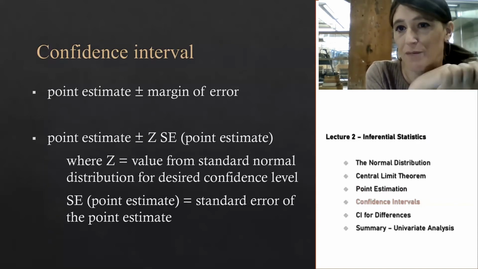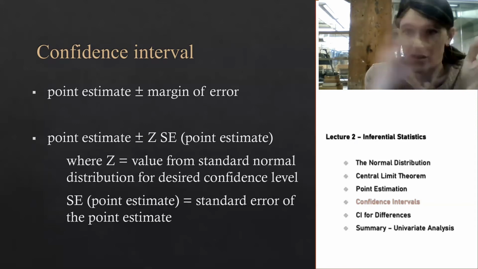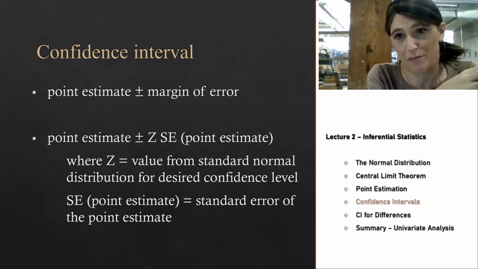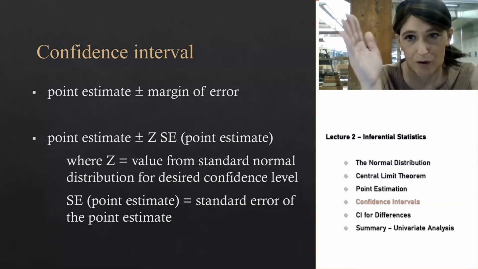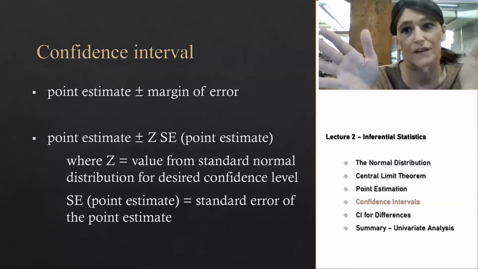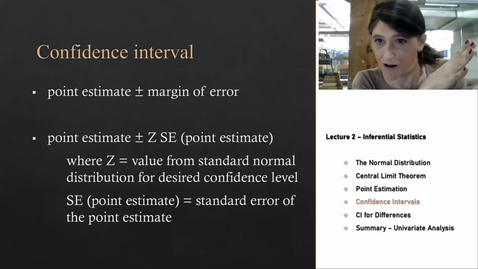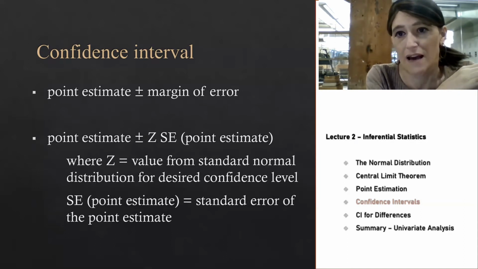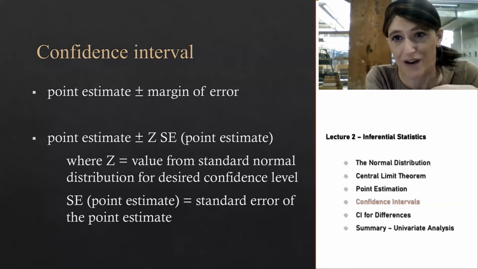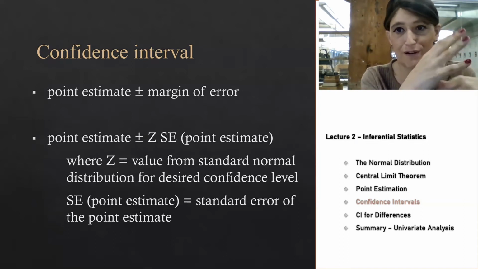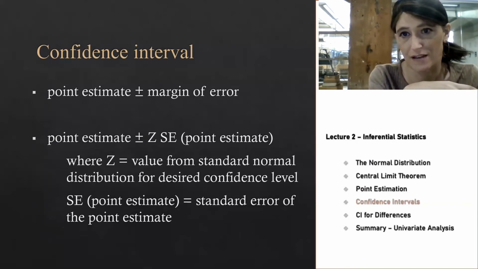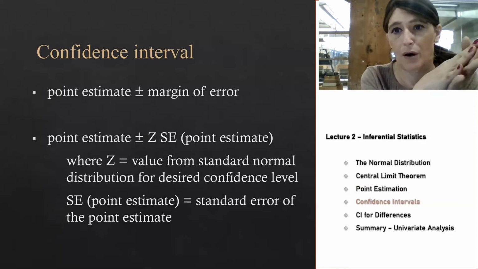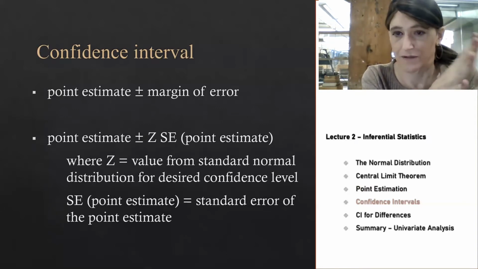A 95% confidence interval says we can be 95% sure that the true population value falls somewhere within these bounds. 5% of the time we're wrong, but 95% of the time we're going to be right that it falls within these bounds. This is going to come up again when we talk about p-values: we're allowing for a certain level of uncertainty. It's the nature of statistics to allow for uncertainty, and we're willing to tolerate a certain amount of it.